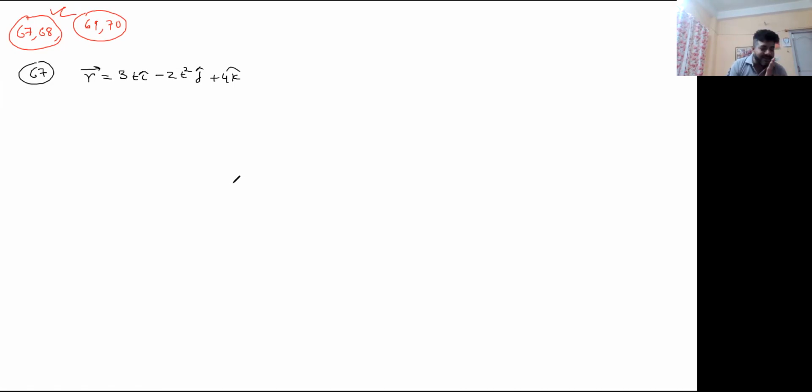Find velocity and acceleration of the particle. So how do you find the velocity? Very simple. You have to differentiate this with respect to time. So once you differentiate, dr by dt.